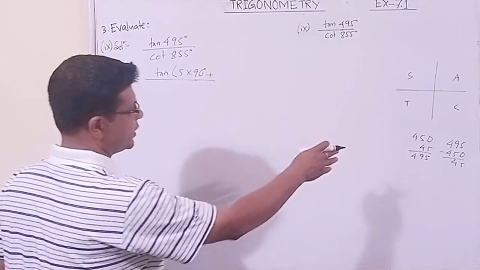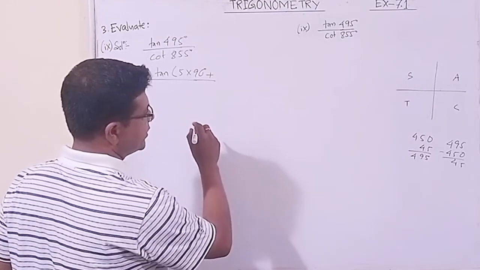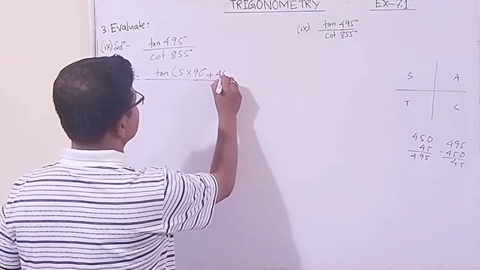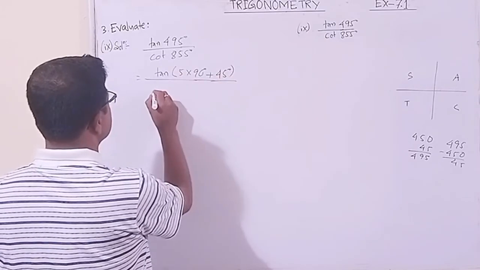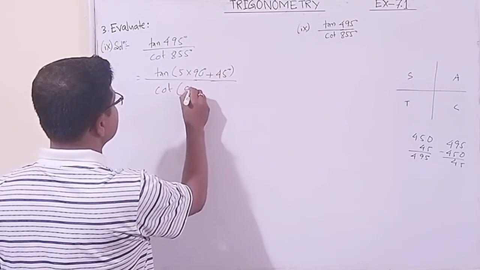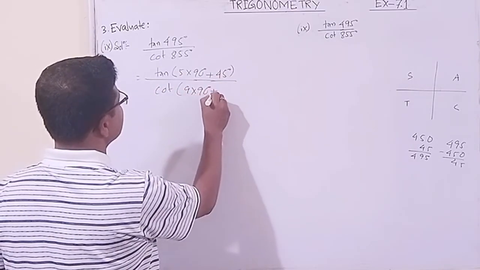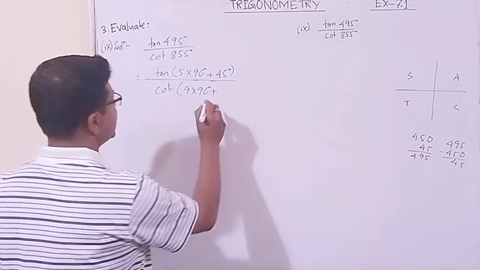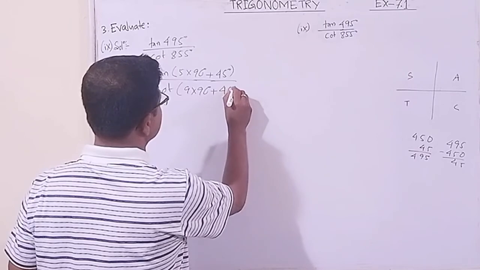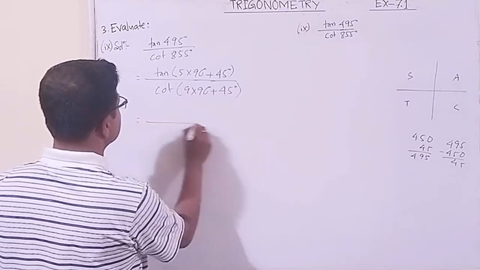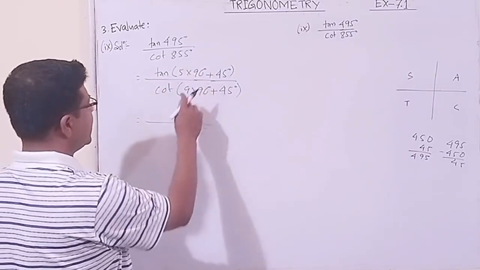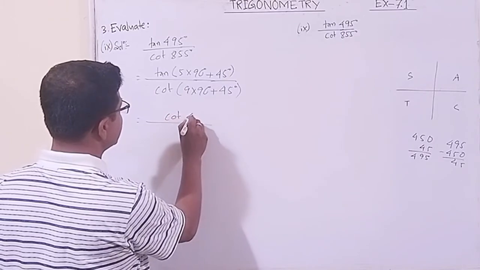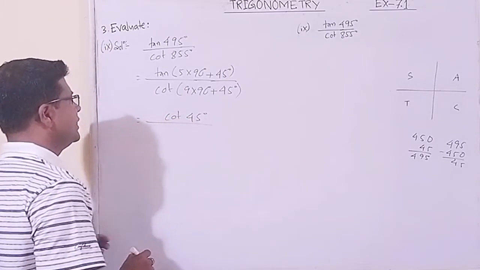But in the easier way you can do it that way also. Sometimes we do plus 45 degree. Then cot of 9 into 90, 9 into 90 is 810. 810 plus 45, 855. Odd multiple of 90, so cot 45 degree. Right?